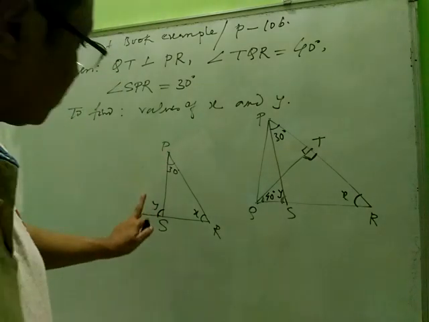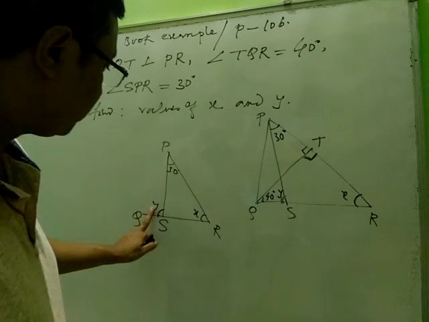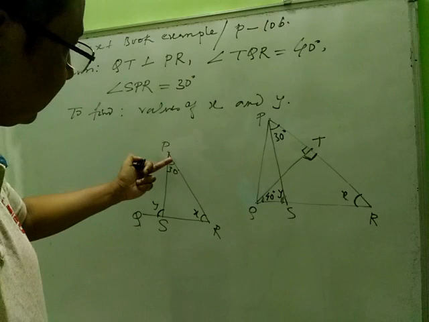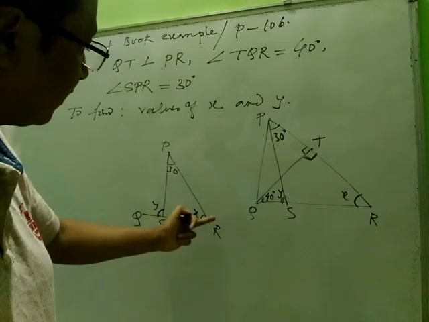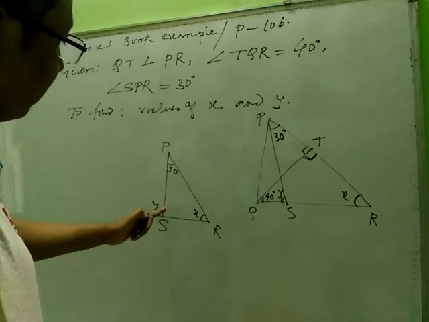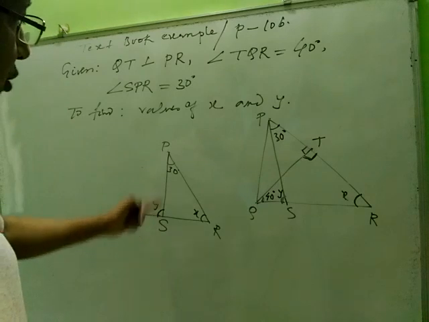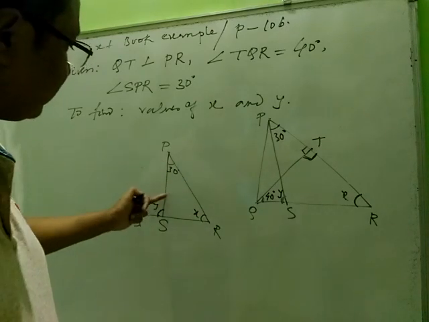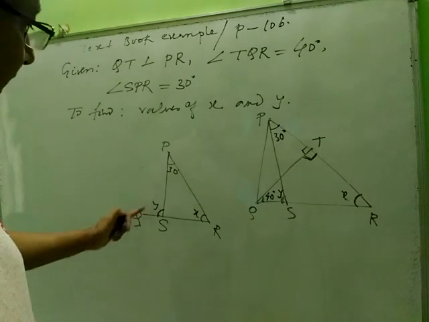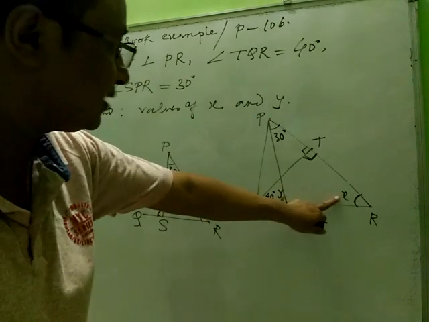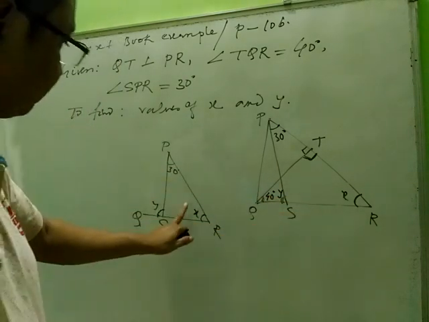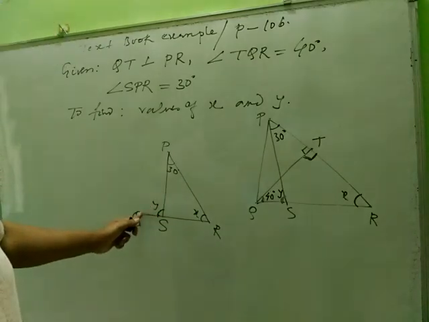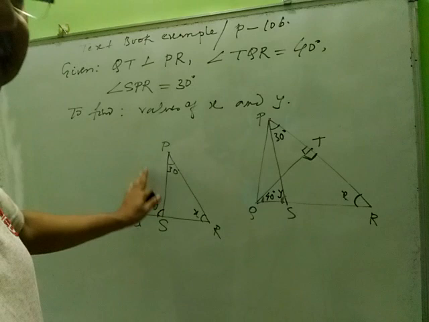The measure of an exterior angle equals the sum of the two remote interior angles. These are the interior angles inside the triangle, far from this exterior angle. So you add these two interior angles, and that will be equal to this exterior angle. Since you got X as 50 degrees, 50 plus 30 gives the measure of Y using the exterior angle theorem.